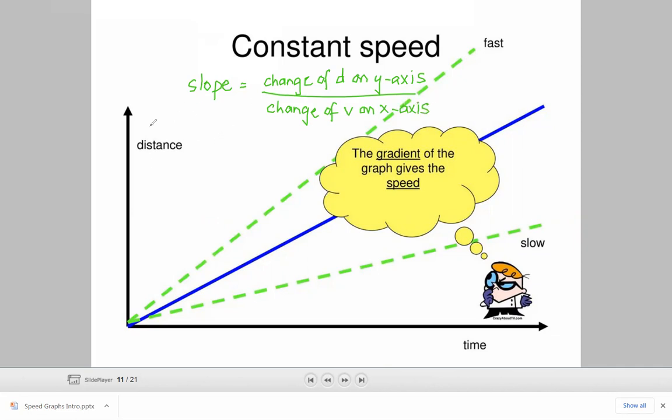Now, if you look at the y-axis in this particular example, you know that the y-axis is basically representing distance. So the change in value would also represent distance here. Whereas the x-axis in this particular example is representing time, and the change on any value on x-axis would also represent time.